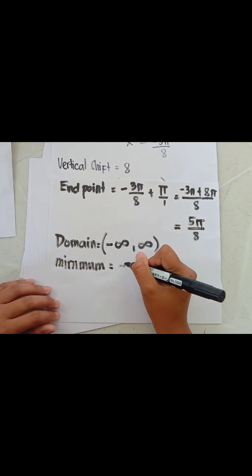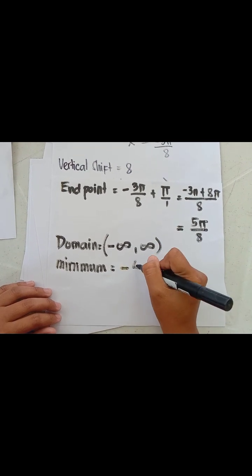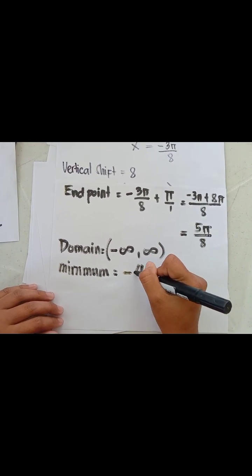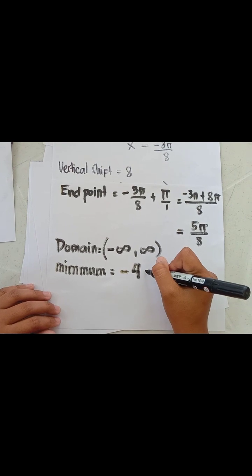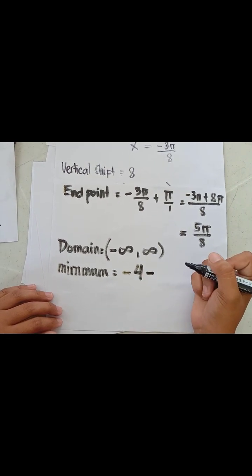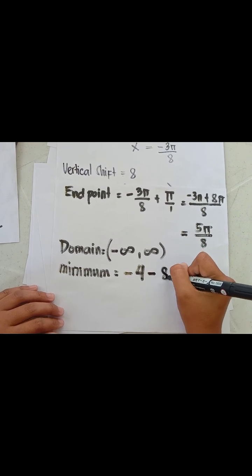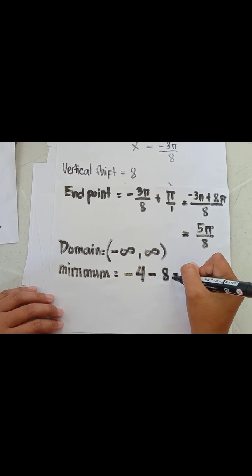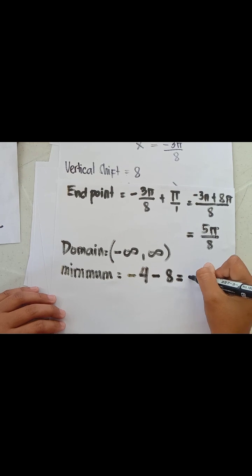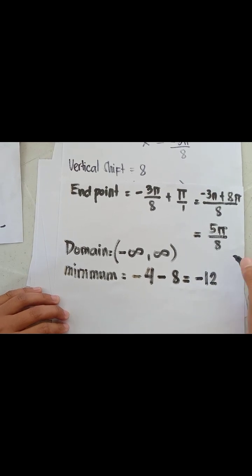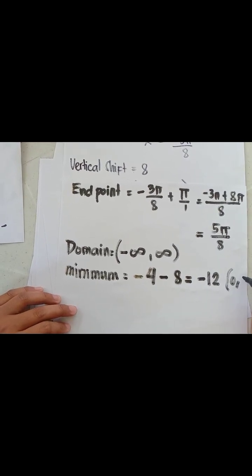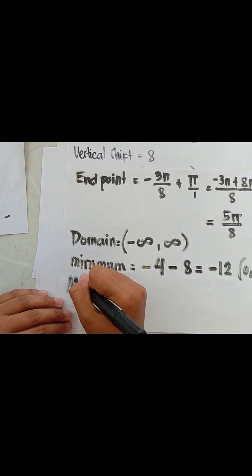So negative 4 is our amplitude, minus or subtract the vertical shift, which is positive 8. So the answer is negative 12. Then maximum.